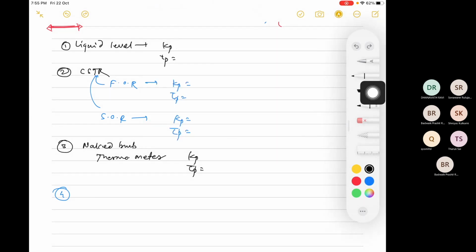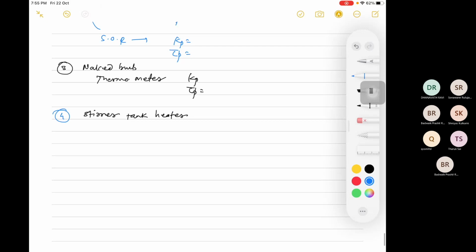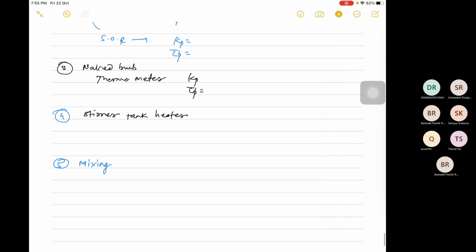Your homework will be to find out the Kp and tau p by using the shortcut method and compare with what you're writing here. Stirred tank heater. Fifth one is mixing process. Everything is given in detail. Mixing process, what is Kp, tau p?